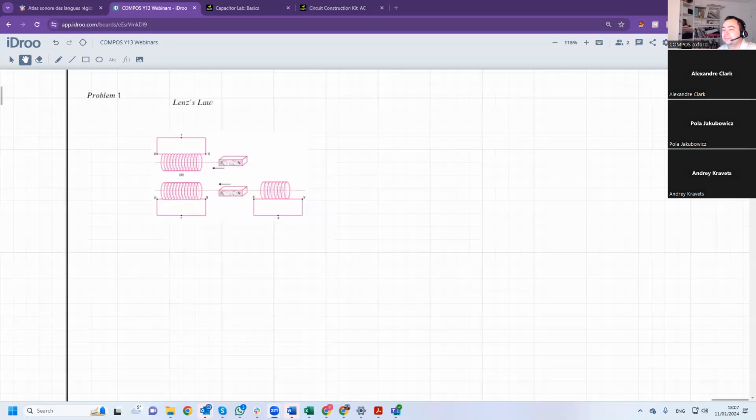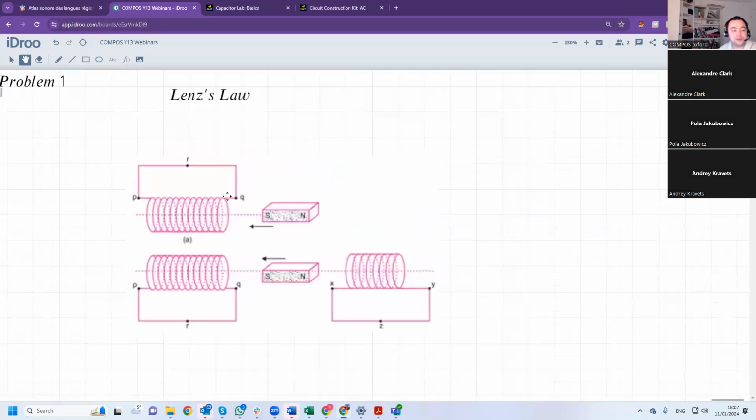And we'll start with Lenz's law. So basically, if you move a magnet into a coil, the coil will react by producing a current that is in the opposite direction.